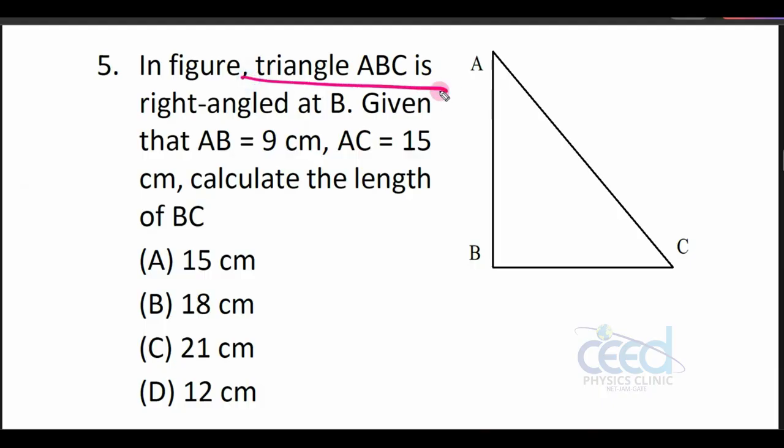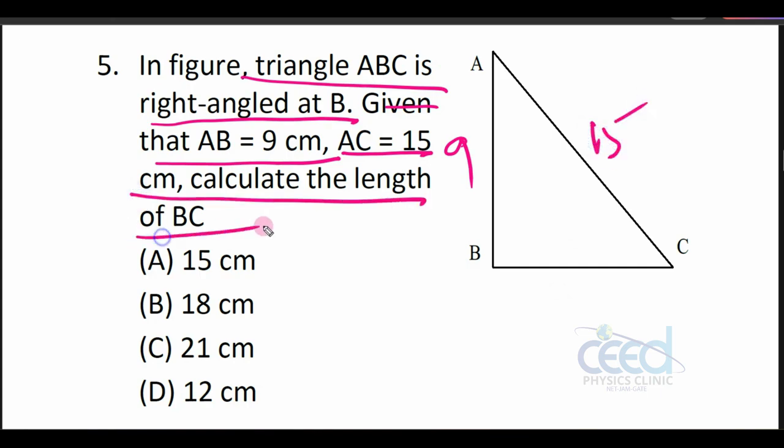In a figure, triangle ABC is given, right angled at B. All right. Given AB 9 centimeter, this is 9, and AC that is 15. Right. Calculate the length of BC. This is the right angle given, so you can apply Pythagoras theorem. 15 square minus 9 square. Right.